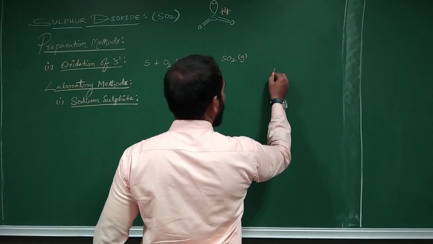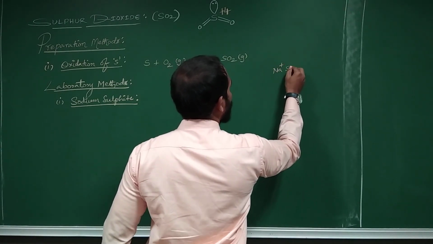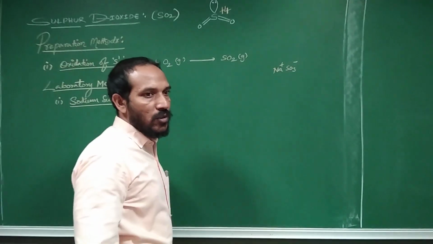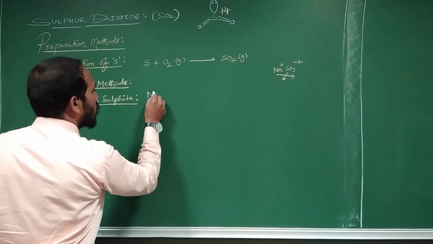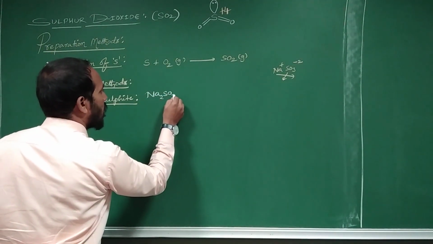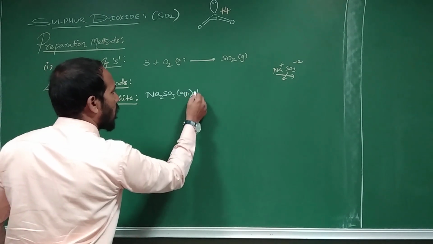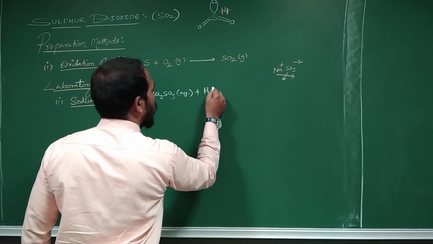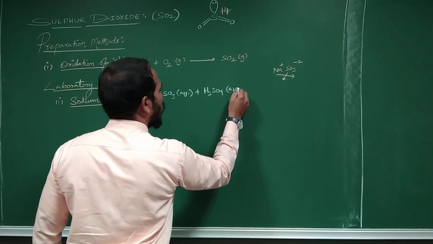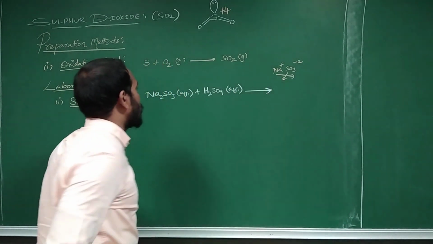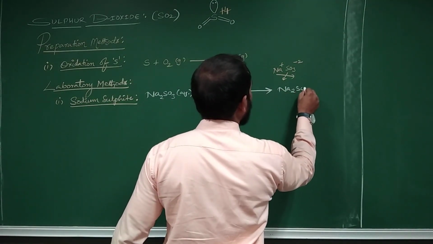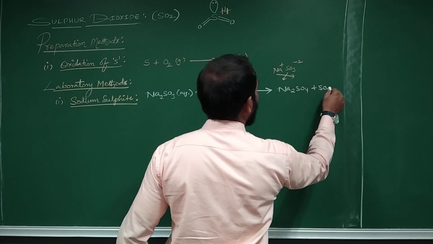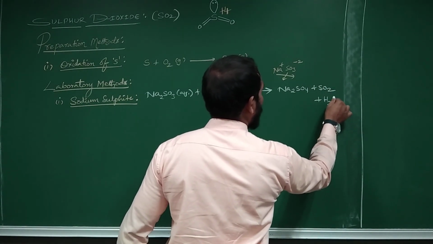Now you see, sodium sulfite means Na plus, SO3 minus 2. Crisscrossing, it will form Na2SO3. So when sodium sulfite Na2SO3, that is aqueous, is treated with dilute H2SO4, that is also in the aqueous form, it will form sodium sulfate, Na2SO4, plus sulfur dioxide plus water.